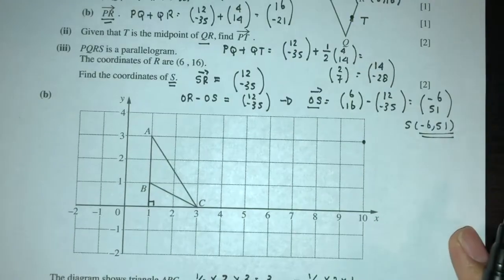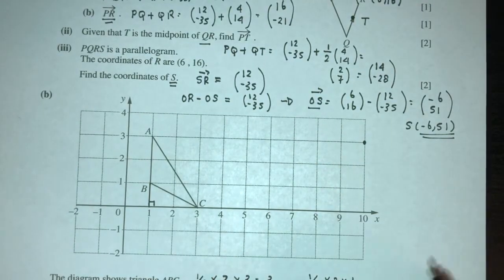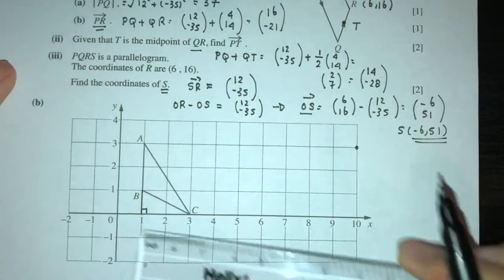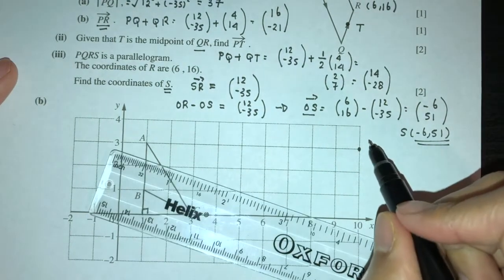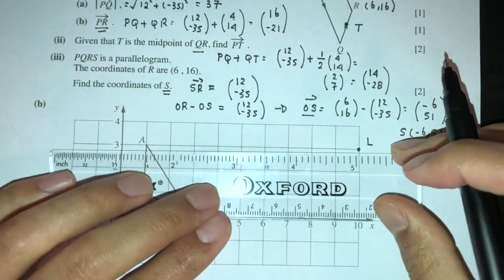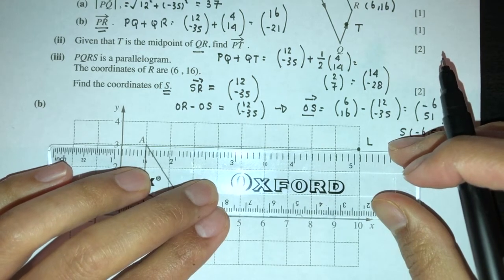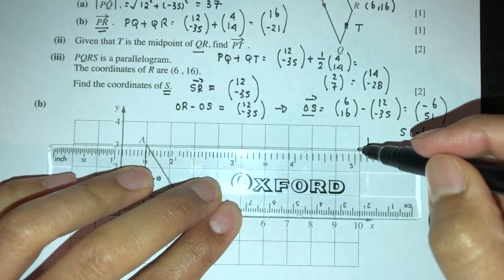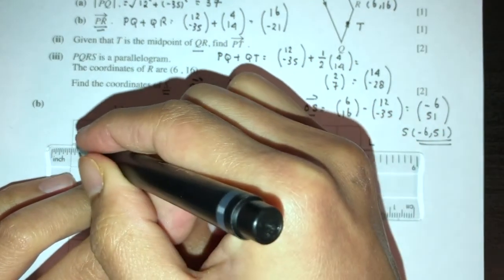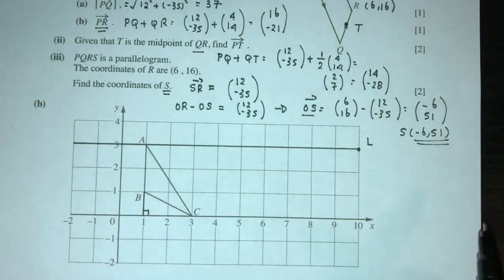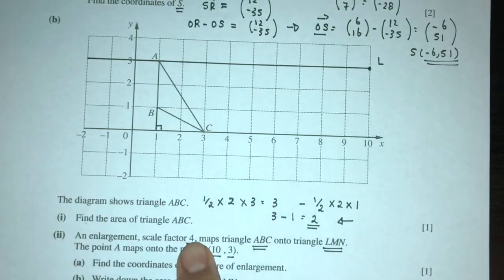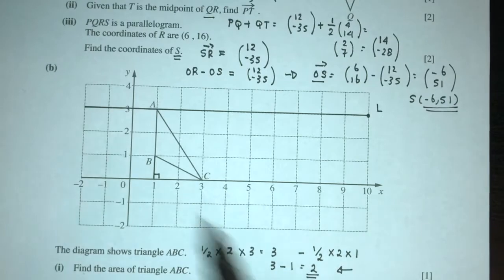From what you can see, that should be in this direction, right? Because A is mapped onto the point L here. So going backwards, the center has to be on this line. That's something we know. Now given that the scale factor is 4, the distance here has to be 4 times.